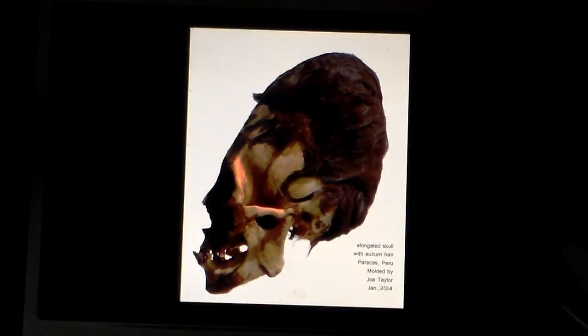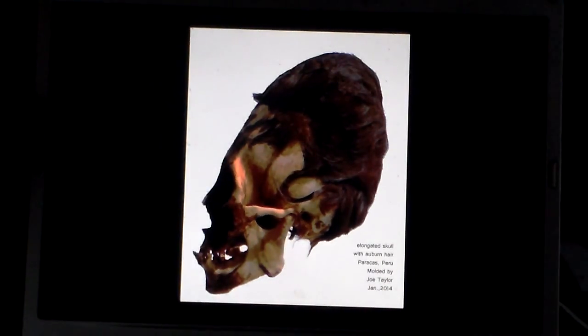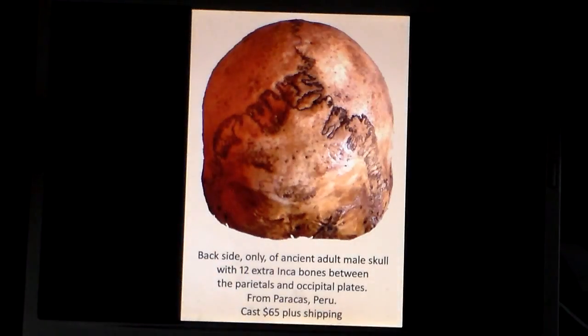Here's some of the skulls that are found in Peru, also, same place where all these other things are found, where they have elongated skulls, and they have a larger brain capacity than modern man does. And here's another one.